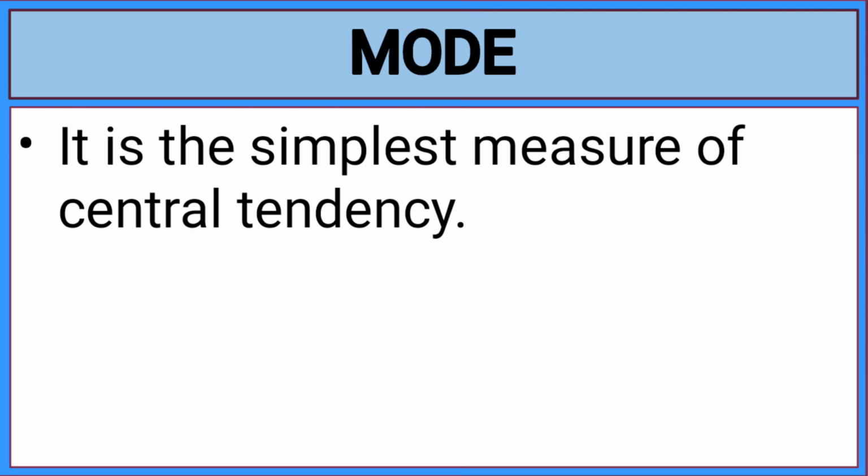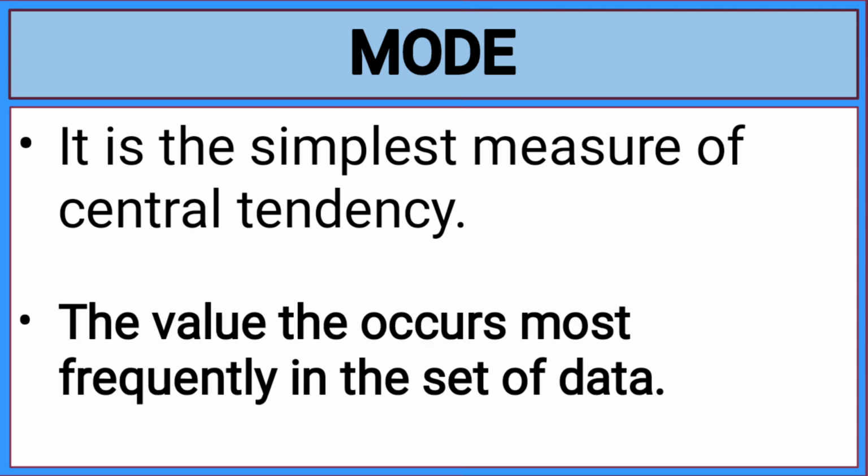How do I say so? Because with the mode, you can just take a glimpse at the presented distribution, and in one snap you can get the mode by just staring at the data. This is the value that occurs most frequently in the set of data.